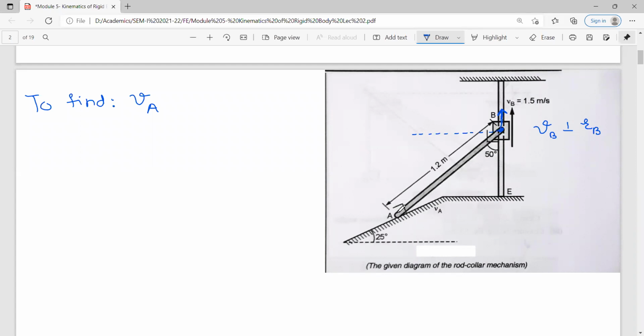So from that, we know that point A has a velocity along the inclined plane, like this. It is the direction of velocity of point A. And we know that the radius of point A will be perpendicular to the velocity. So the radius of A you can draw perpendicular to the velocity like this.